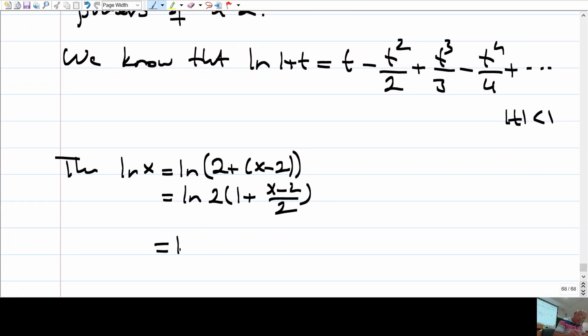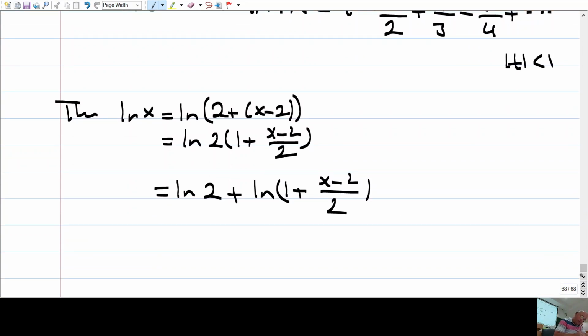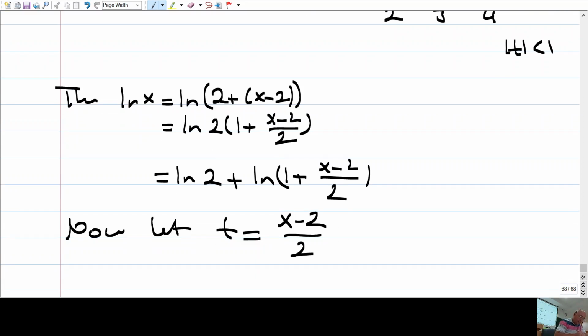Now logarithm decomposes like this: logarithm of 2 plus logarithm of 1 plus x minus 2 over 2, right? I can write it this way. And here now let t equal x minus 2 over 2. 1 plus t, okay? 1 plus t.